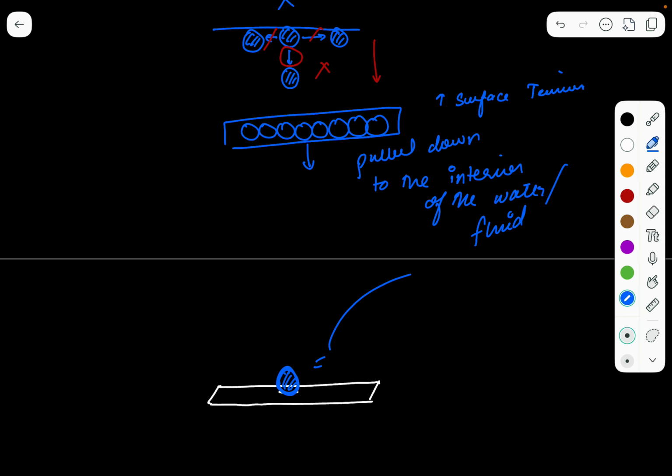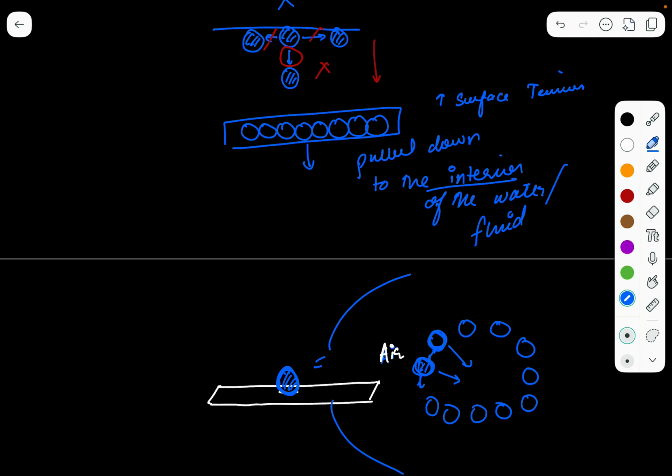Well, if we zoom in and explain through the property that we just discussed, we see that the water molecules on the surface of this, so just zooming in right now, they're being pulled to the side, but because there's air on this side and no water, they're being attracted to where there is water, which is inwards. And this goes in line with what I just said, that the water molecules on the surface are constantly being pulled down to the interior of the water.